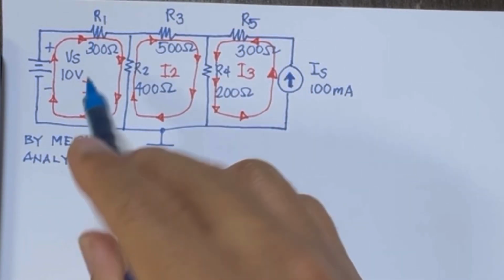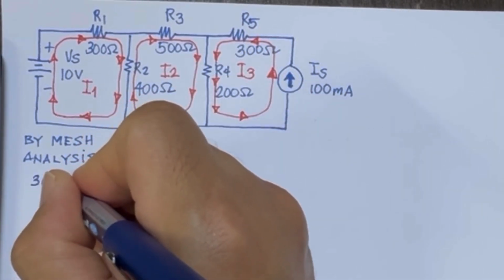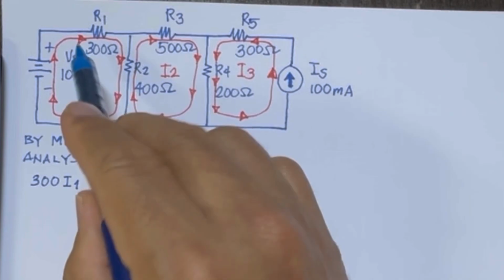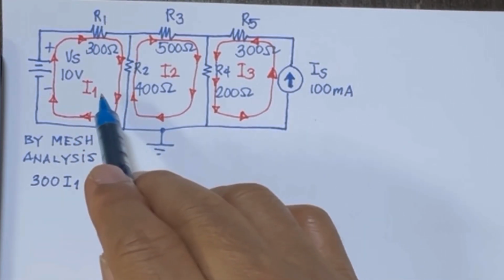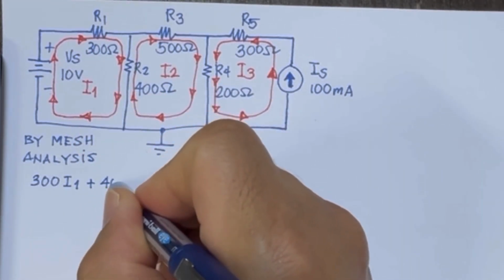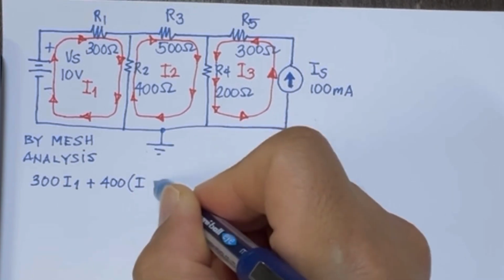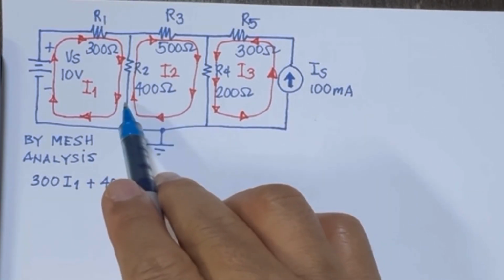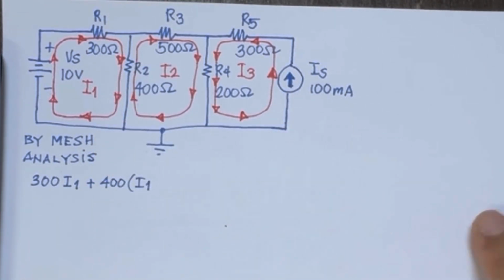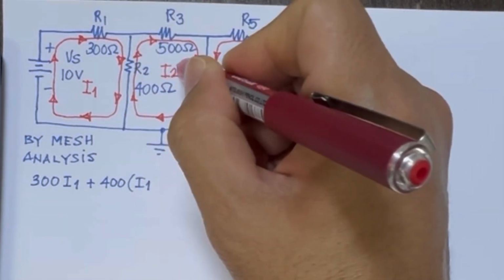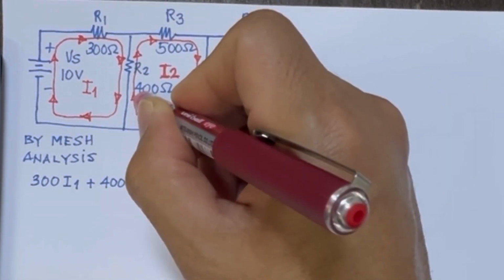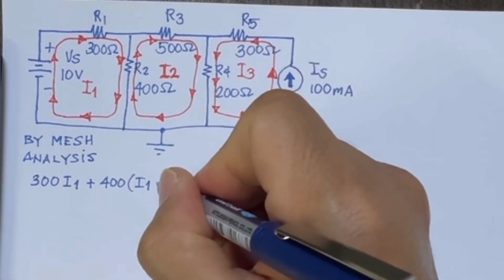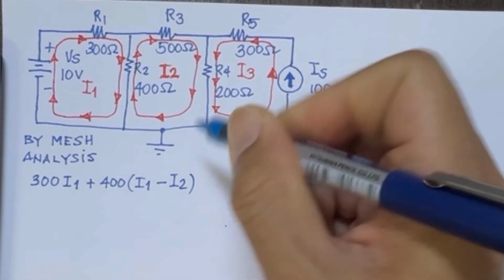Now, let's look at loop I1 and we will get the following equation: 300 I1 plus 400 I1 minus I2, because the direction of I2 is opposite. We have to take note that if the currents have different directions, it will be subtracted.